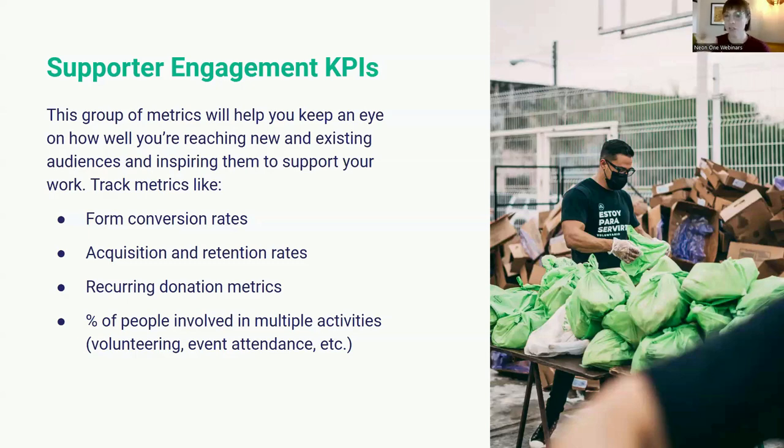What percentage of your volunteers are also donors? What percentage of your donors are also attending events? This is where you can get really nuanced and really granular. So if you're not tracking anything, maybe don't get into that right away. That's definitely something that you can grow toward.